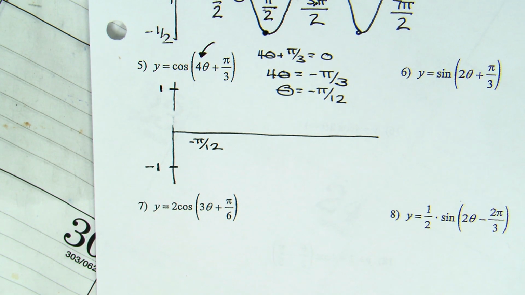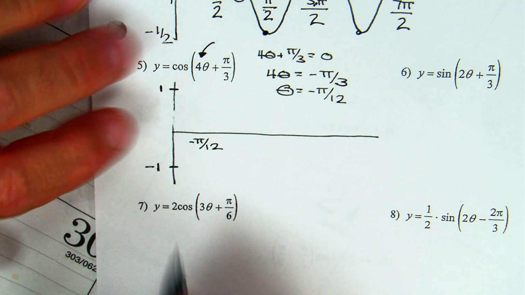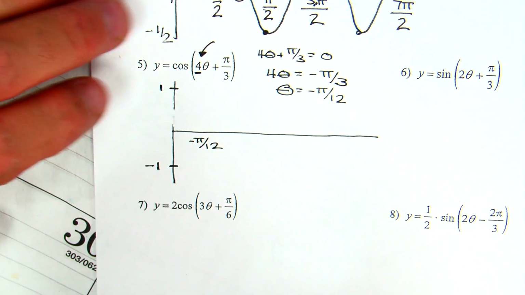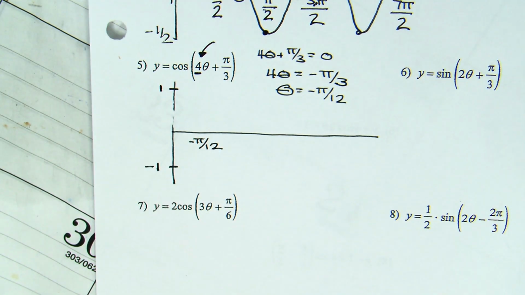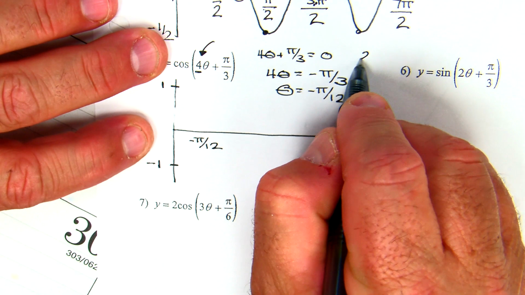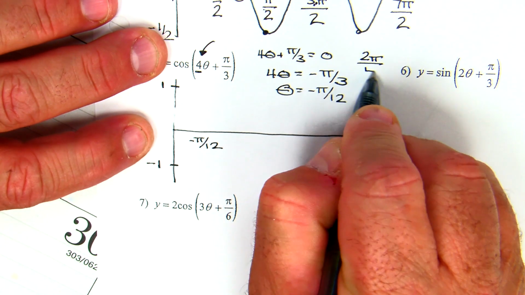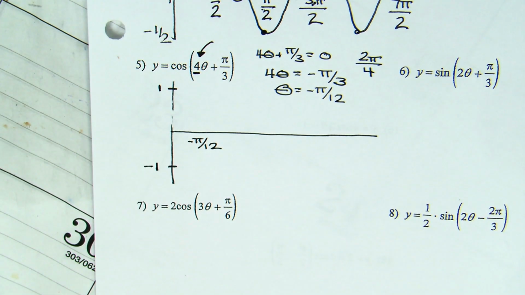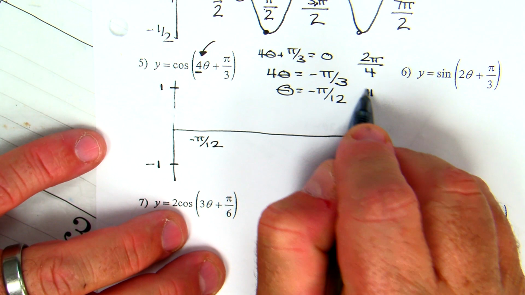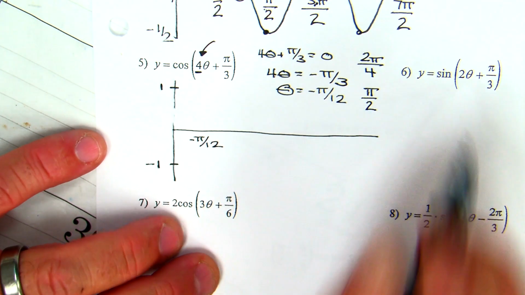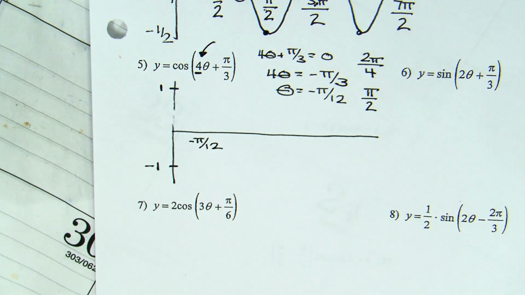Now I've got to figure out my period. I now have a coefficient of theta, 4. So remember, that's always 2 pi divided by that coefficient. 2 pi over 4 is pi over 2.